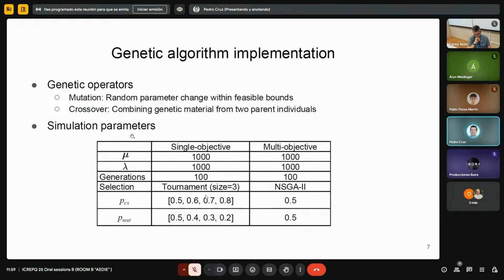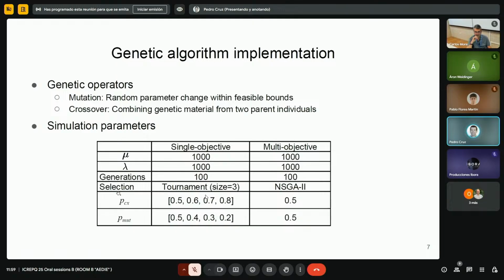The simulation parameters are, for the mu population, 1,000 individuals for the single objective and multi-objective, the lambda population also for the single objective and multi-objective, and the number of generations, 100 for the single objective and 100 also for the multi-objective.